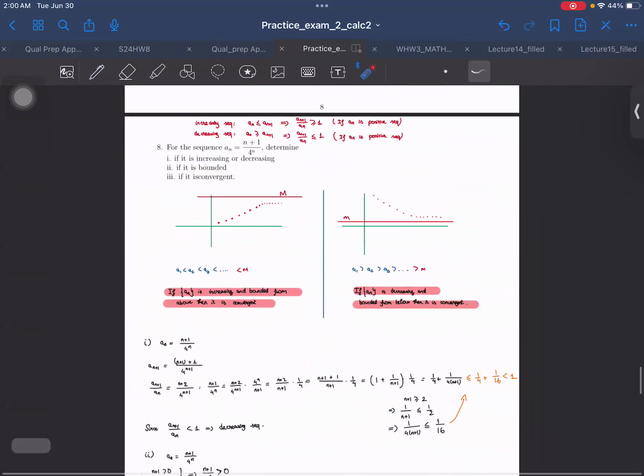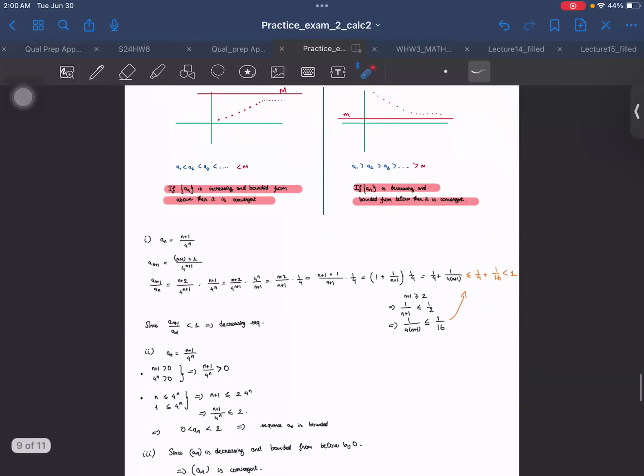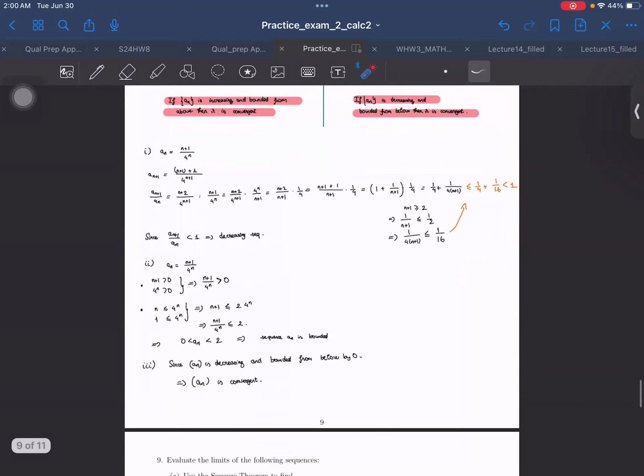Okay, so over here, remember that you don't need the sequence to be bounded from both sides. You just need the sequence to be bounded from one side. In this particular question, because your sequence is decreasing, I just need the lower bound for my sequence to conclude that my sequence is convergent.